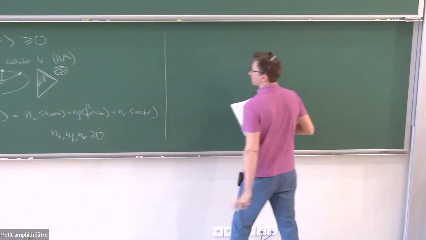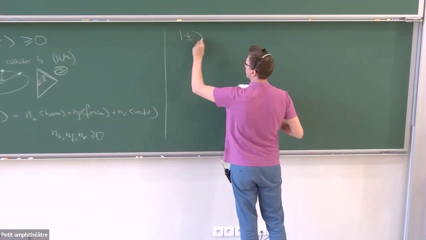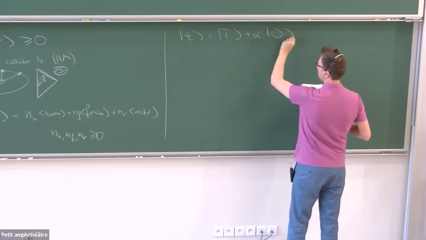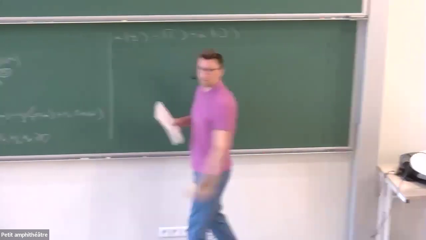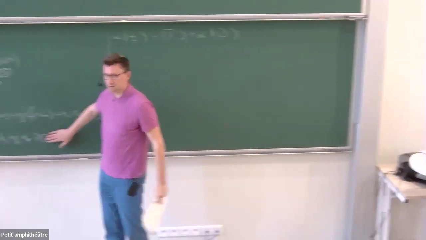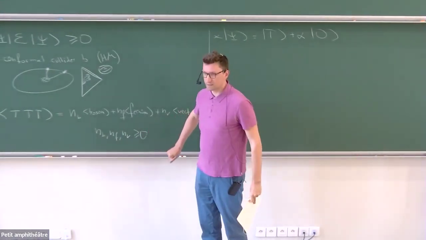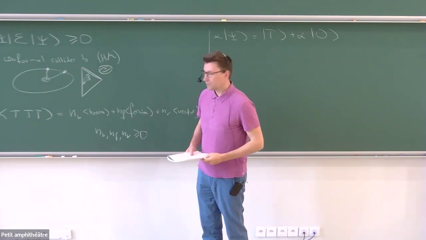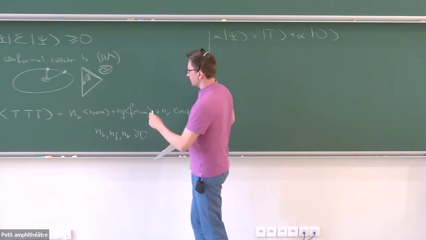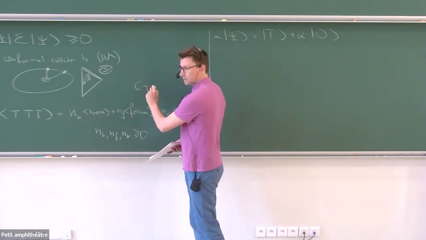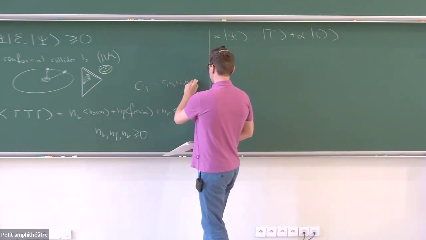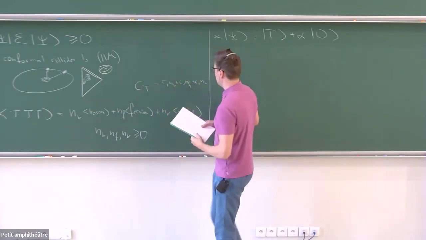Then you can consider psi to be, say, stress tensor plus alpha O. No, this is a bound. Three bounds, three inequalities. There are three of these. Now there is one combination which is related to CT: C1 n_B plus C2 n_F plus C3 n_V.